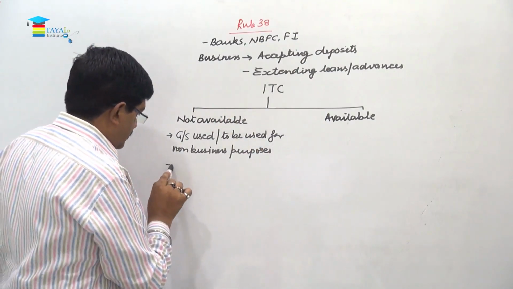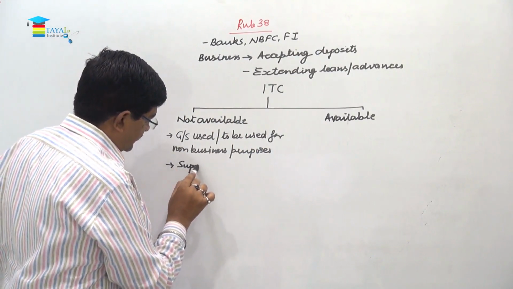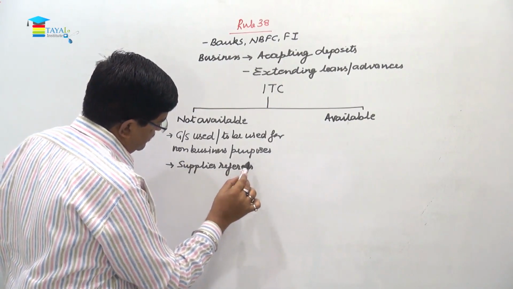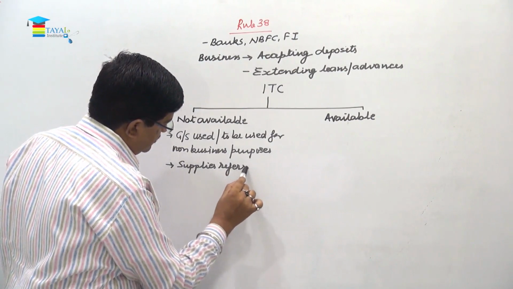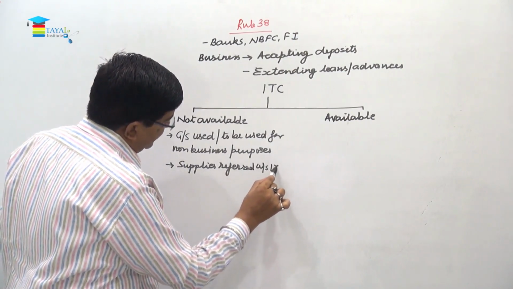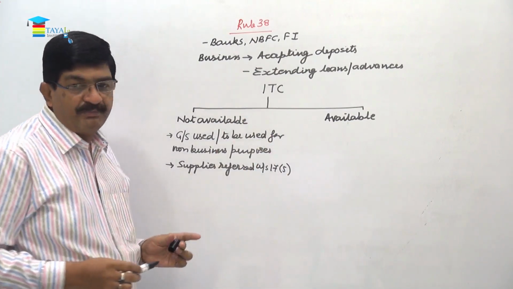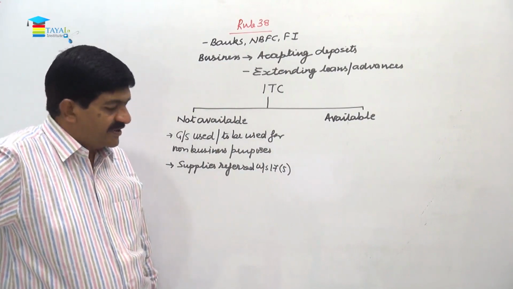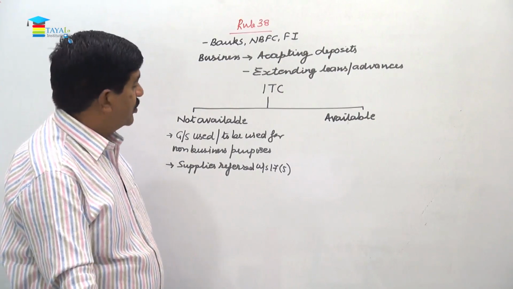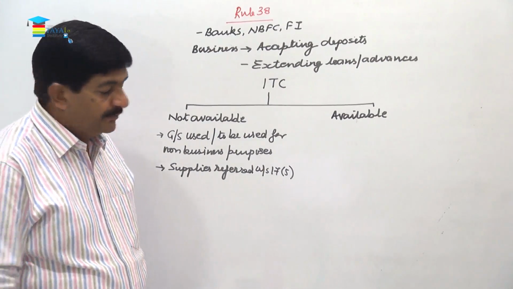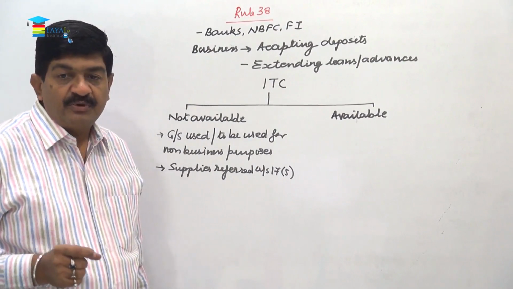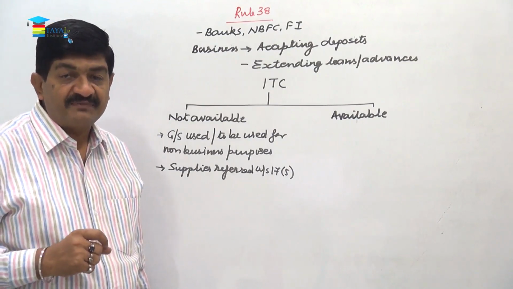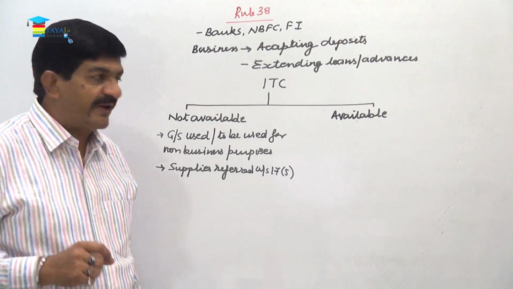And number 2, supplies referred under section 17 subsection 5, which are referred to as blocked credits. So any bank or financial institution or NBFC shall not avail credit in respect of the goods or services which are used or intended to be used for non-business purposes, and it shall not avail any credit for the goods and services which are referred under section 17 subsection 5, right?